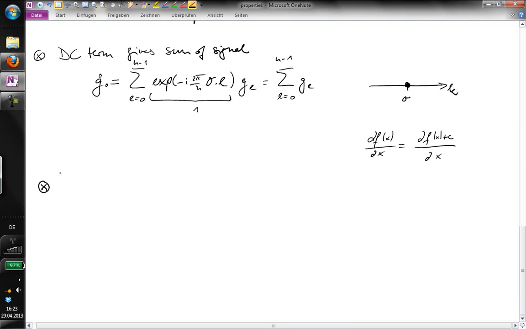Then the shift theorem, or the modulation theorem.